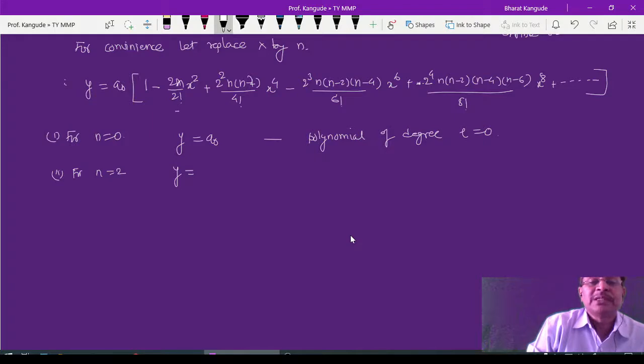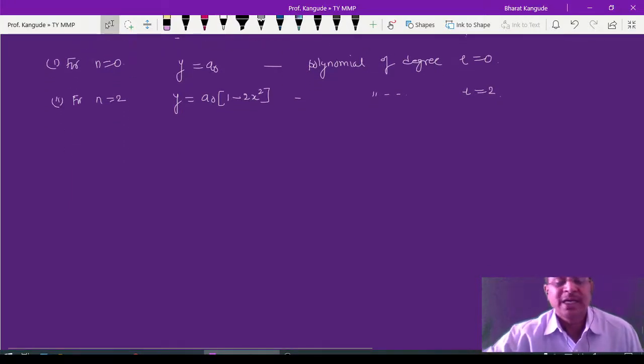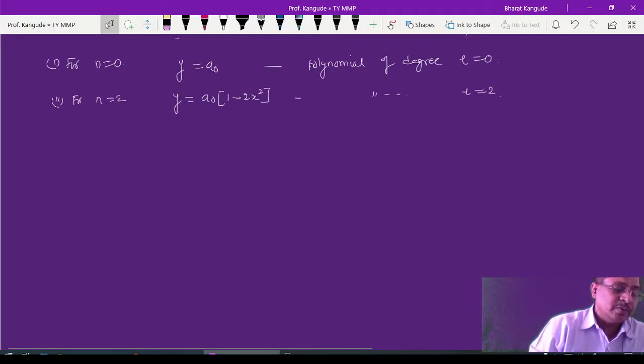So except the first and second terms, every term will vanish, and therefore I'll get 1 minus 2 into 2 upon 2 factorial. 2 factorial is again 2, so the 2s will cancel, and therefore we'll get a0 into the bracket 1 minus 2 x square. So this is a polynomial of degree L equal to 2. Likewise, we can go for n equal to 4, n equal to 6, and so on, but that calculation is not needed here.